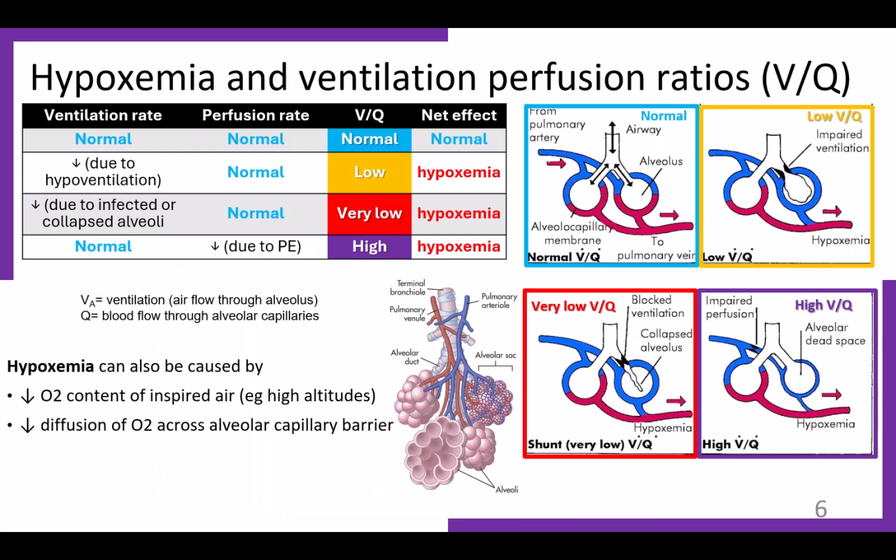So what we see over here is normally you've got a normal amount of blood, a normal amount of air going into the lungs, a normal amount of blood going into the pulmonary circulation, and the ventilation perfusion ratio is normal, right?